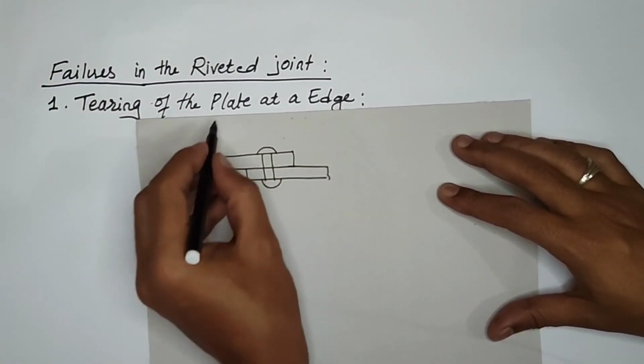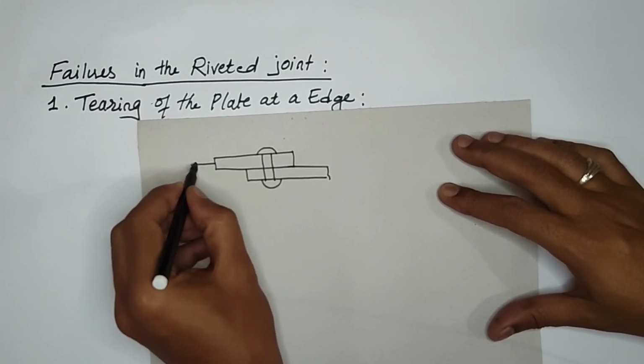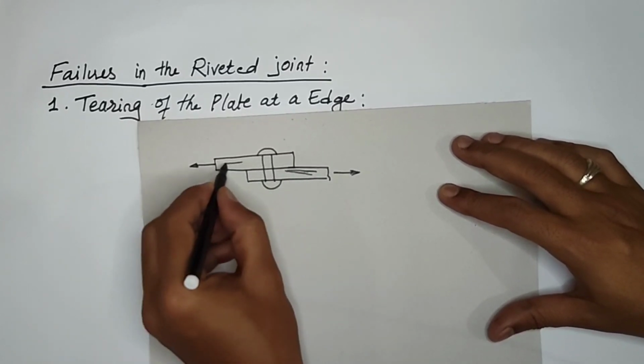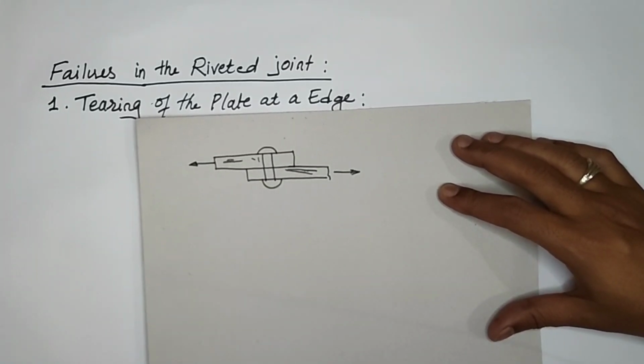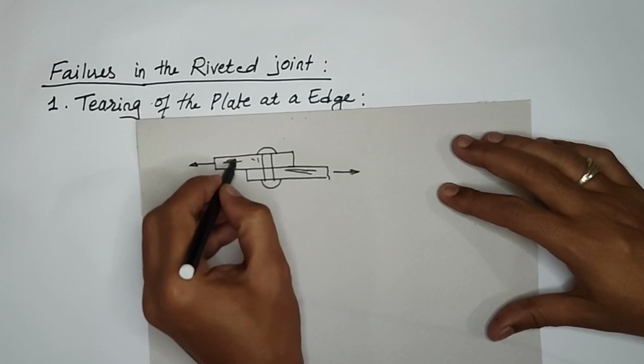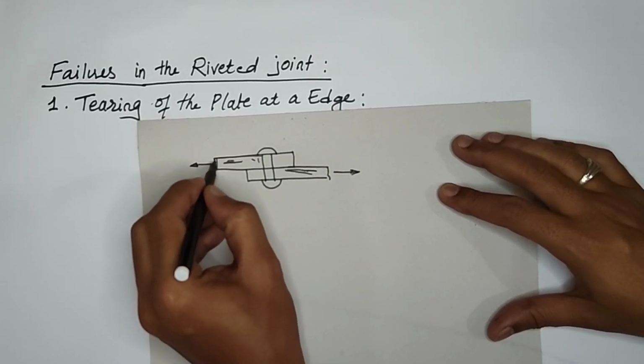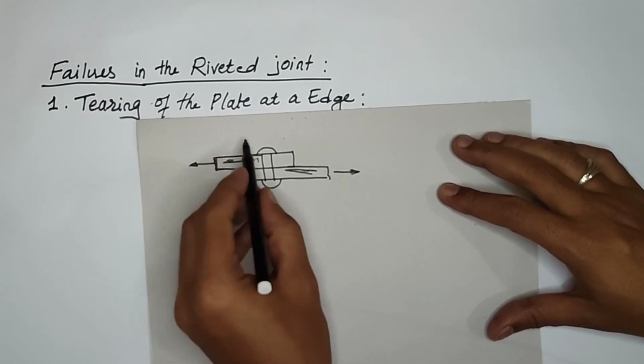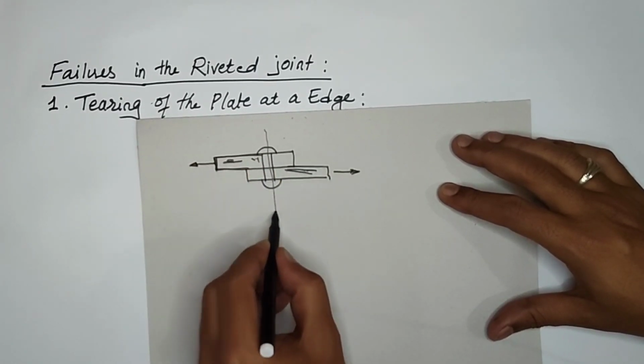Tearing of the plate means that when you apply tensile forces to these main plates, there may be a chance of failure in the plate due to improper maintenance of the margin.